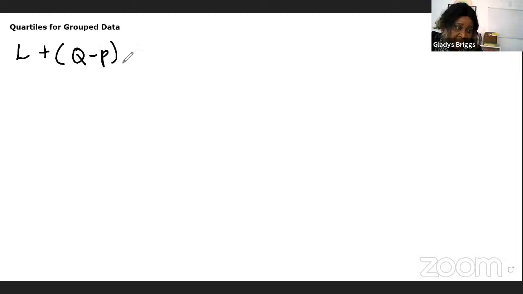Okay, so now we're going to have a look at how to work out quartiles for grouped data, okay? The formula is given by Q equals L plus (Q minus P) over F times C, okay?